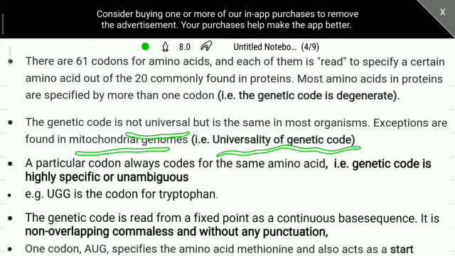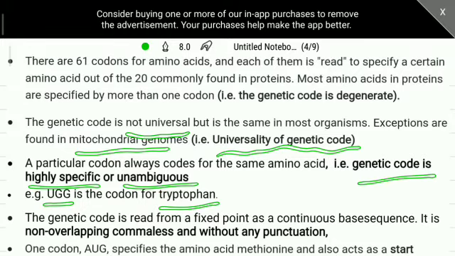Let us move on to another one. A particular codon always codes for the same amino acid. That is why the genetic code is called highly specific or unambiguous. For example, the UGG codon always codes for tryptophan.